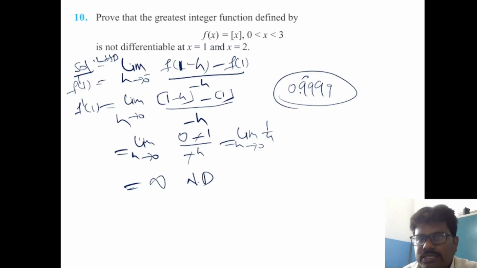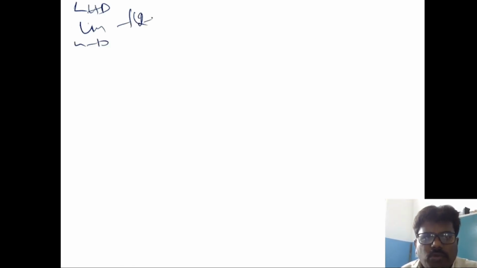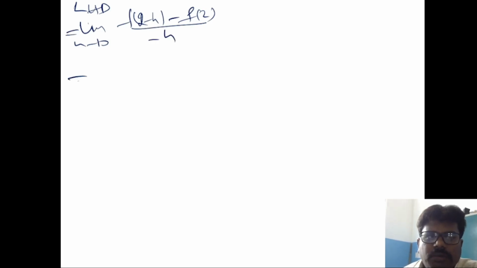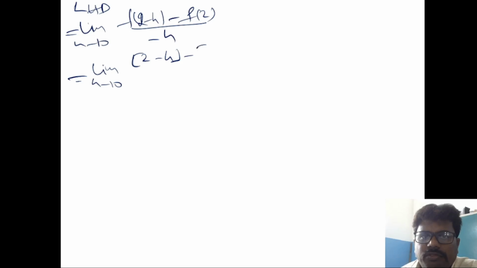Now we will see the same thing at x equals 2 here. So left hand derivative, limit h tends to 0, f of 2 minus h, as we are checking here at 2. So c value now is 2. So f of 2 minus h minus f of 2 divided by minus h. So limit h tends to 0, f of 2 minus h means here we can write greatest integer of 2 minus h minus f of 2, which is 2 here, divided by minus h.